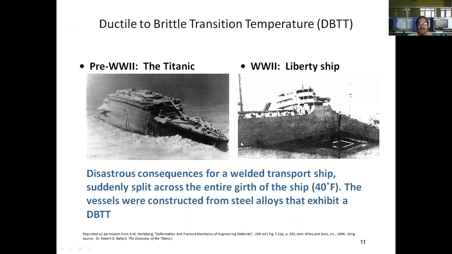You must have known about the disastrous incidents with the Titanic and the Liberty ships. They happened due to the ductile to brittle transition of steel. At low temperature, ductility was completely reduced and the ships broke.